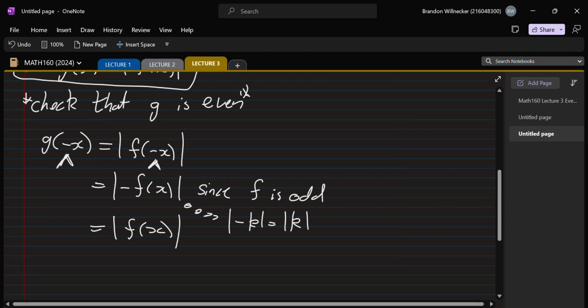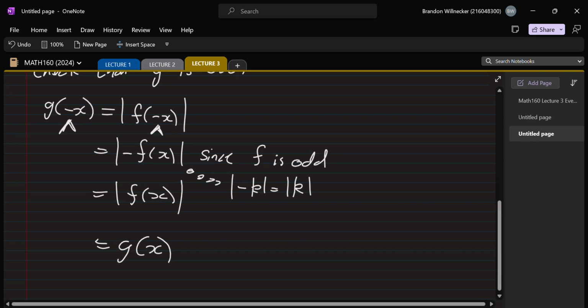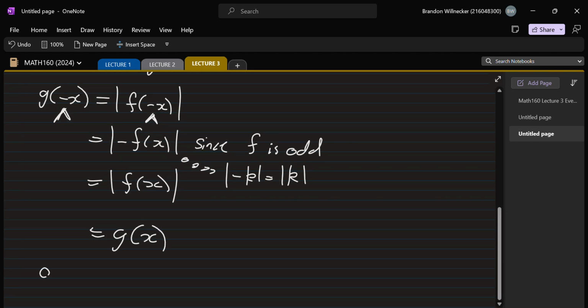Let's zoom out to show everything here. We've got this long chain of equalities. Over there, where we started, g of minus x, something, something, something, something, g of x. We have successfully shown that it is even, because we can ignore all the in-between bits.